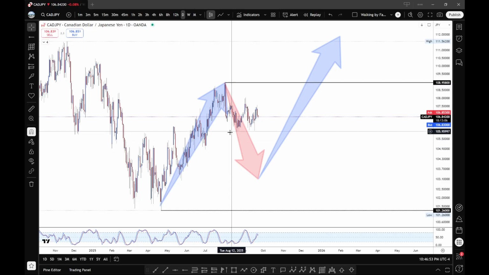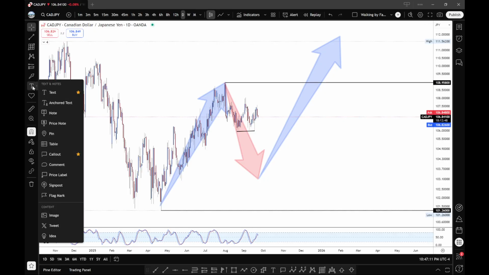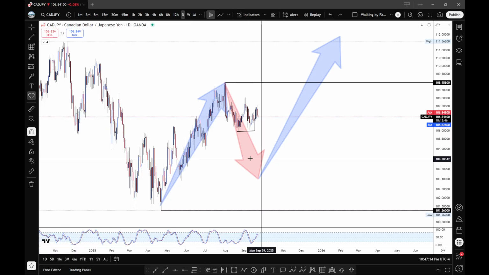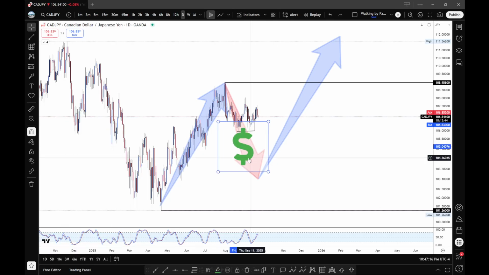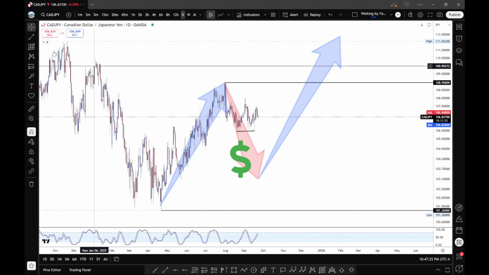So it could be lower highs, equal lows, right? Like we see right here, we see some equal lows, roughly, right? Right there, boom. So what does that mean? That means that we have money sitting down here, right?